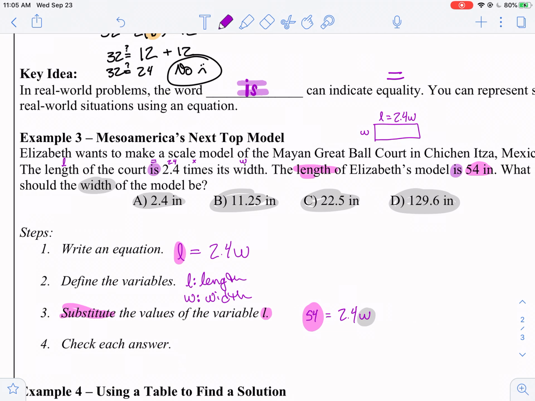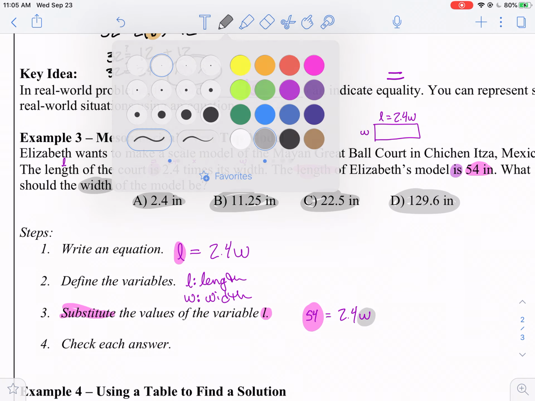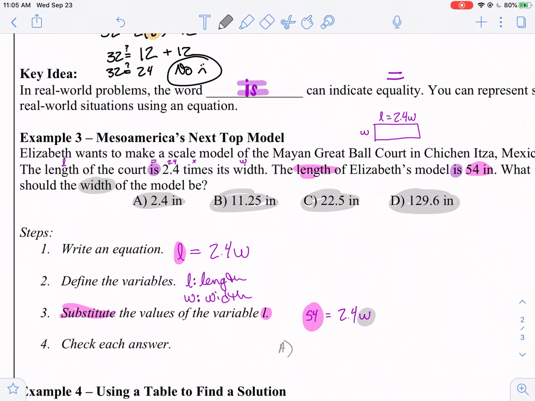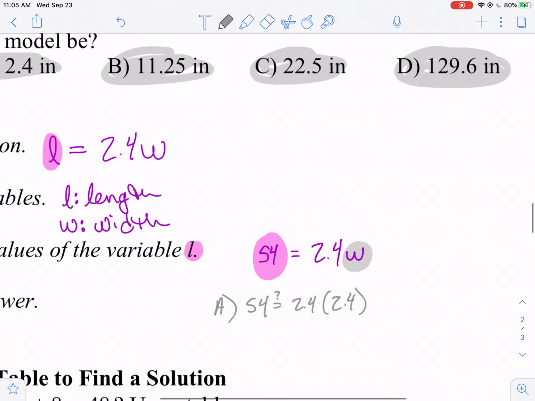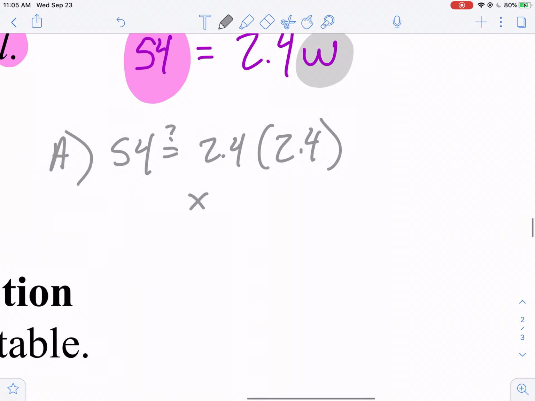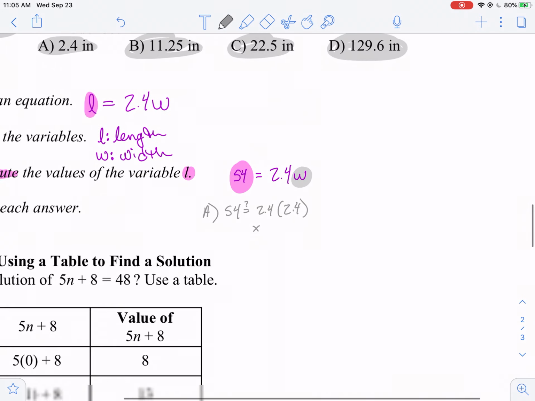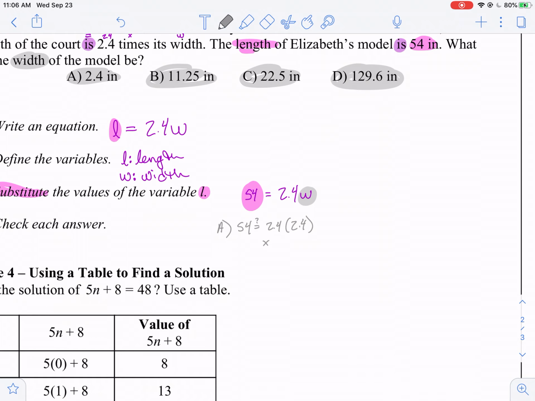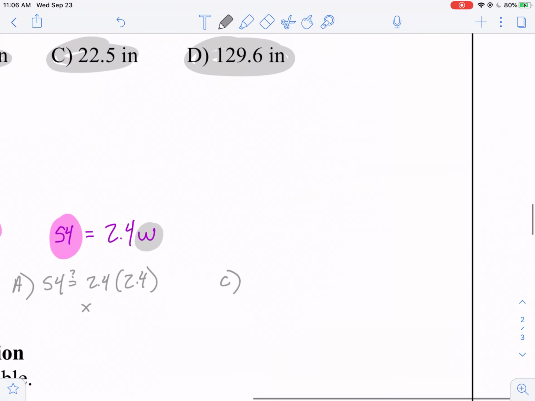For example, if we plugged in A, that would give us 54. Is that equal to, question mark, 2.4 times 2.4 inches? Is it true? No. It's way off. So no, that is false. Okay. Let's skip to C to save you time. 22.5.